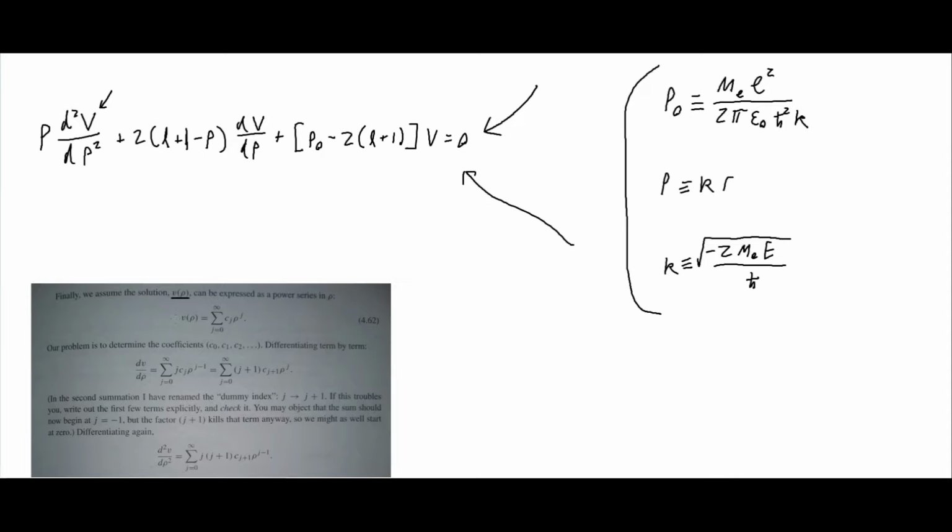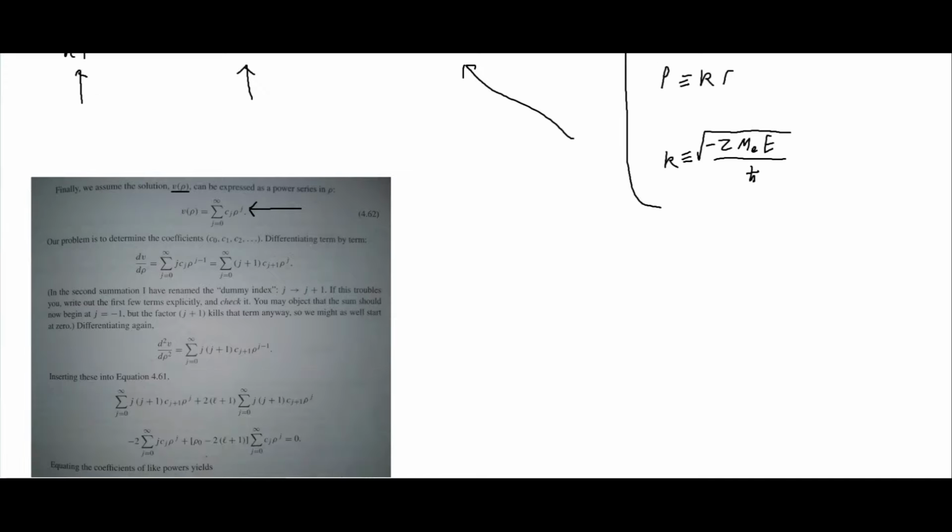It'll be something that looks like this. We have a second order derivative here and a first order derivative here, so we have to take derivatives of these power series. The first derivative looks like this, and then the second derivative will look like this.